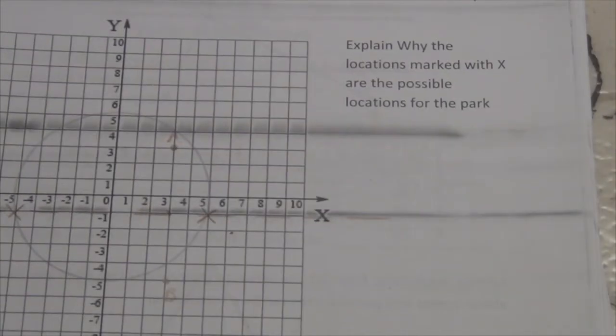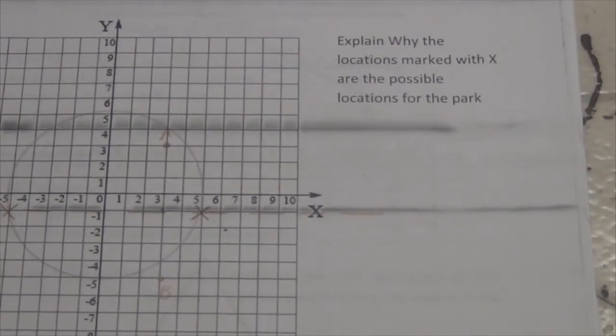So explain why the locations marked with X are possible locations for the park.